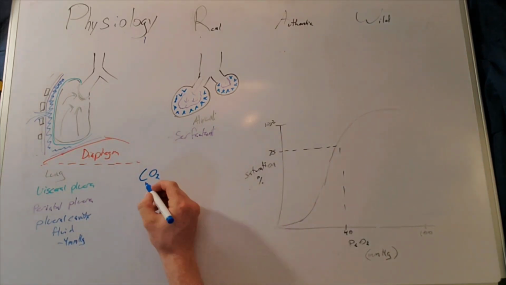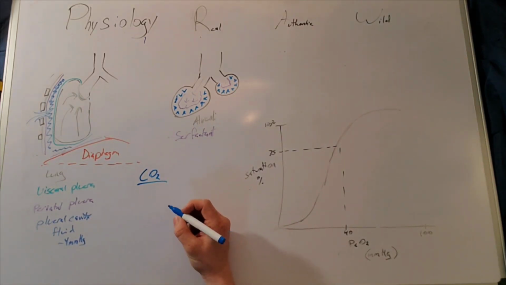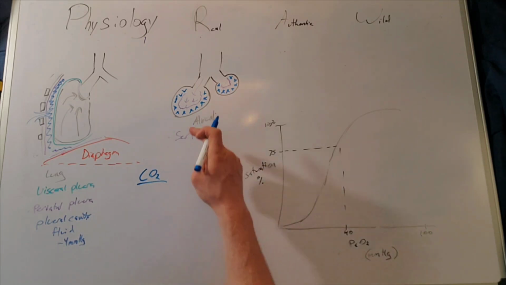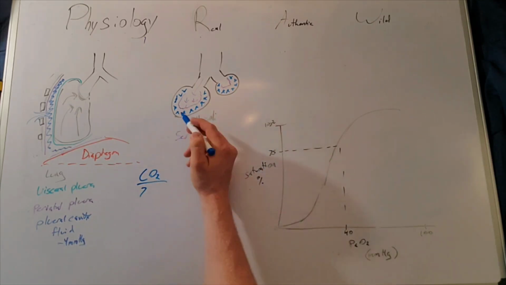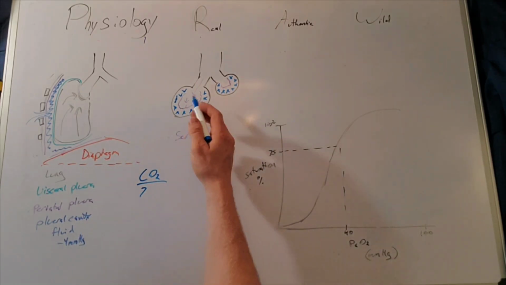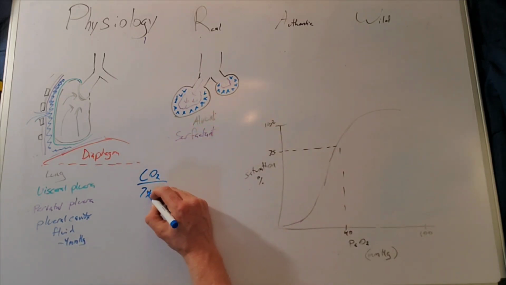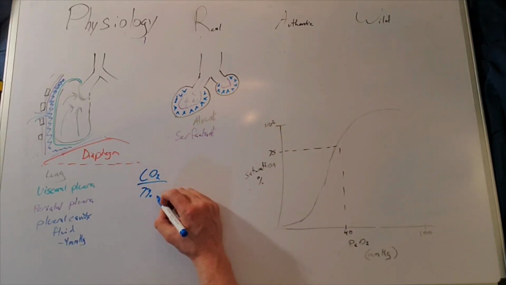How's CO2 transported in the blood? Some of it, after being diffused through various layers of the alveoli and into the bloodstream, 7% will go straight into the plasma.